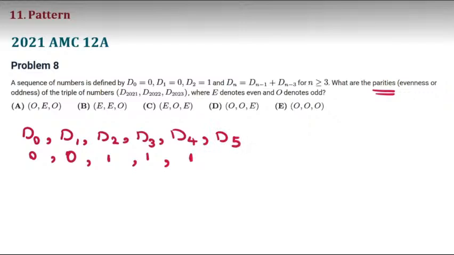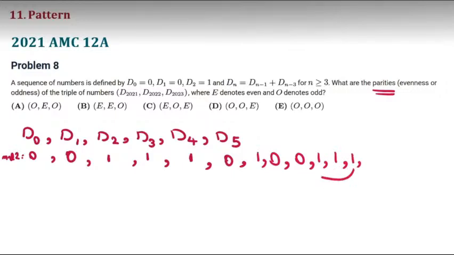D5. Look, I want to find a pattern, something that will be repeated. D5 is D4 plus D2. It will be 2, but even and odd is important, so instead of 2, I place 0 mod 2. Let's consider here mod 2. So the next one is what? 0 plus 1 is 1. 1 plus 1 is 0. 0 plus 0 is 0. 0 plus 1 is 1. 1 plus 0 is 1. 1 plus 0 is 1.